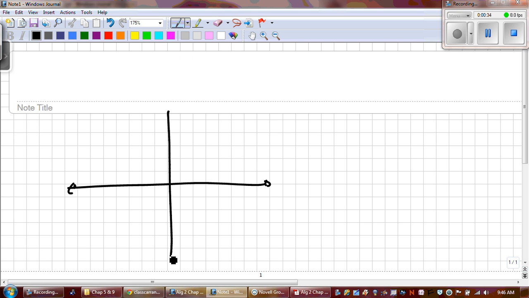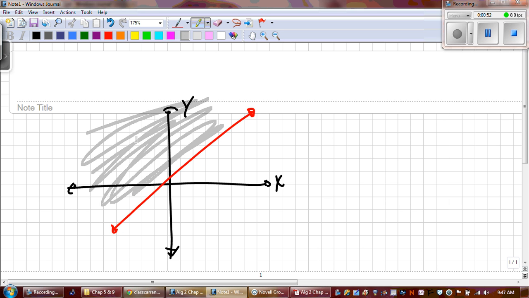here's my little coordinate plane right here. Here's our x, y, and there's our x, just like always. We talked about a vertical line, and then after that vertical line, we had to either shade above or below, okay? And that looked like y, our inequality, mx plus b, okay?